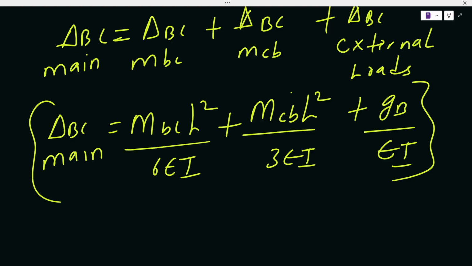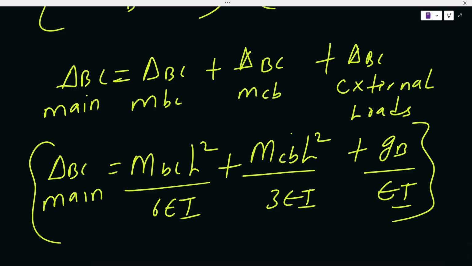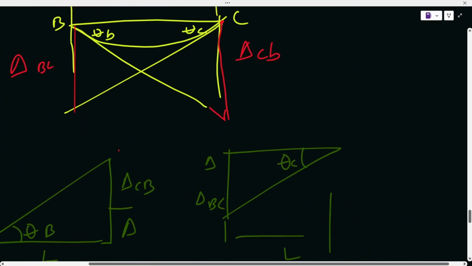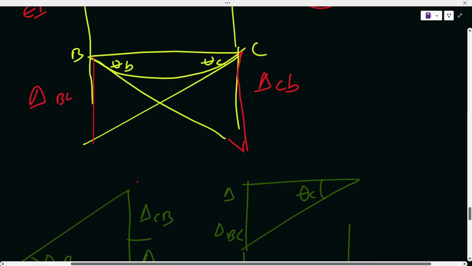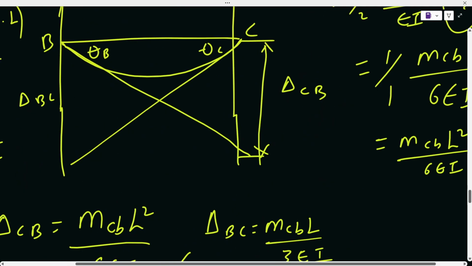Now, there's a modification that has to go on in this equation that we just derived. Remember that for the main structure, we're always going to be comparing the main one, that is when it is acting. In principle of superposition, when you apply it, you have to just keep on comparing the main one when everything was acting together and the ones when they were acting separately. Now, delta BC in the main one, sorry, this is not the main one.